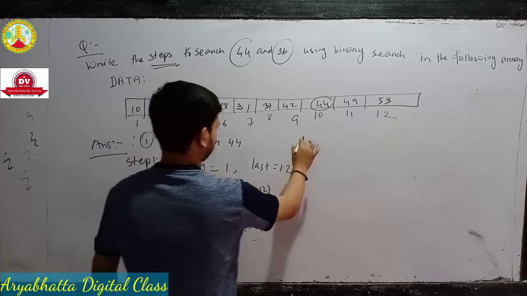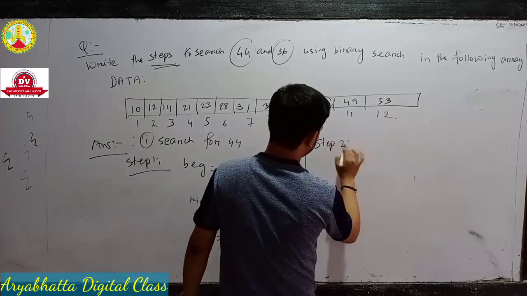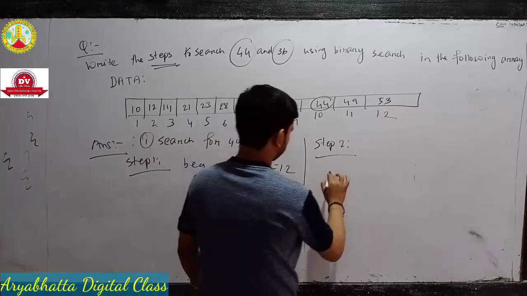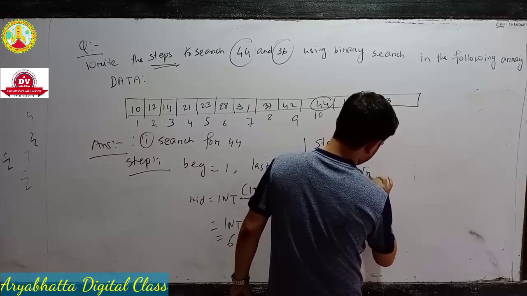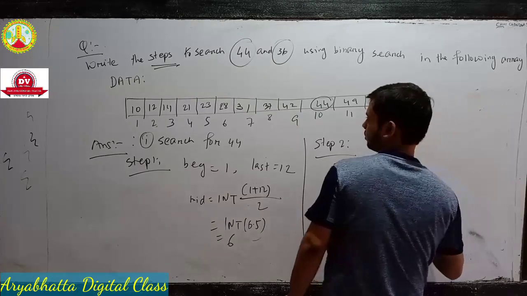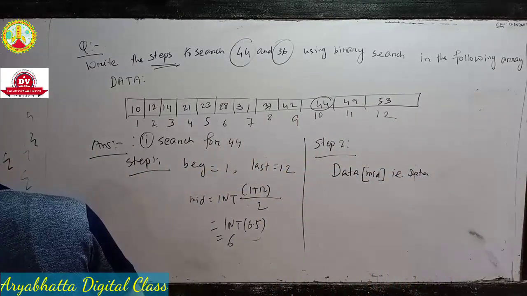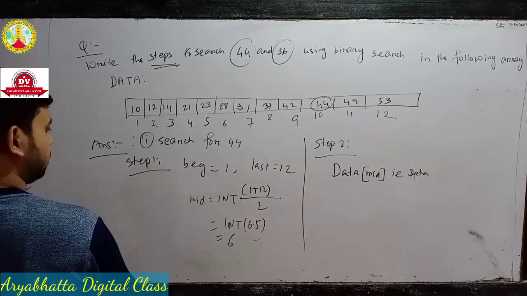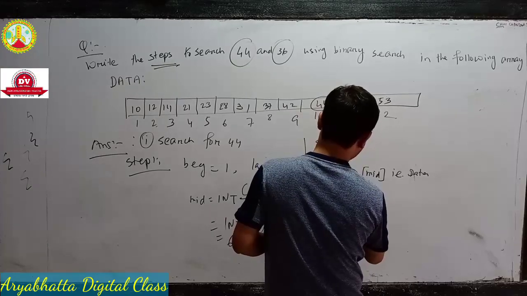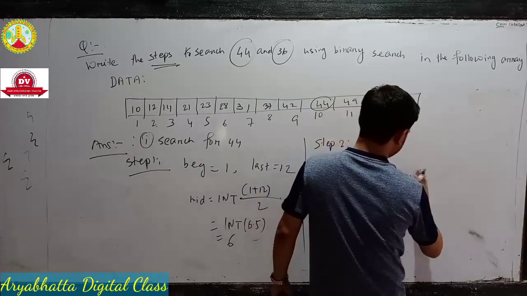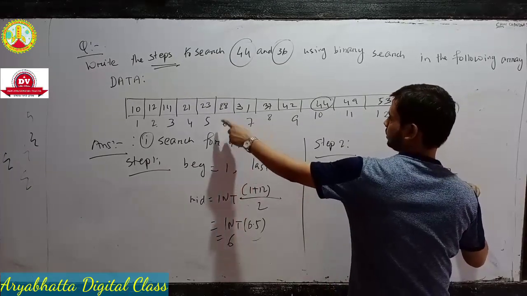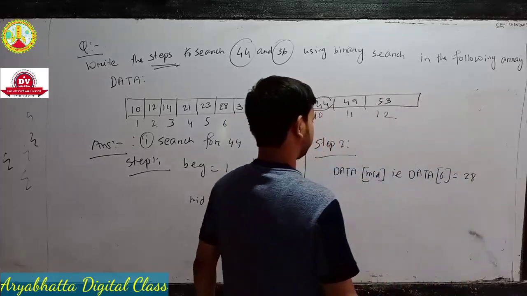Step 2. Data of mid. Data is your array name; here data is capital, that's why. Data 6 is what? 28, right?